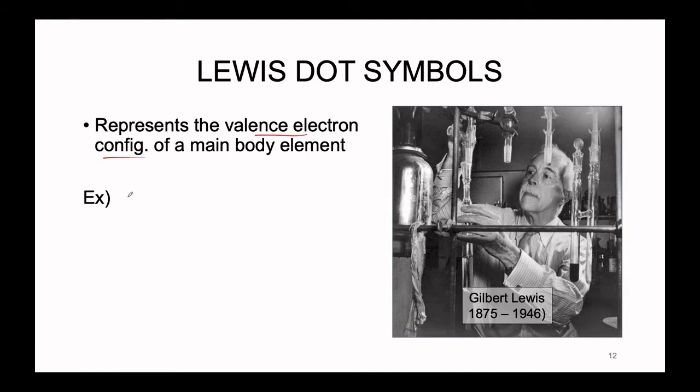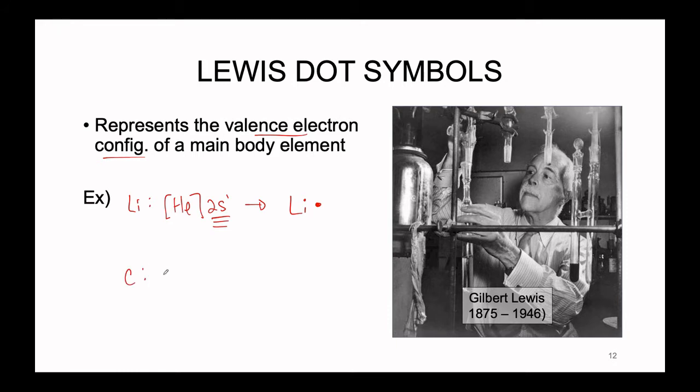If, for instance, we observe lithium with an electron configuration of helium core with a 2s1 electron, the Lewis dot symbol instead illustrates lithium with a single dot next to it. This single dot represents that one valence electron that lithium has.